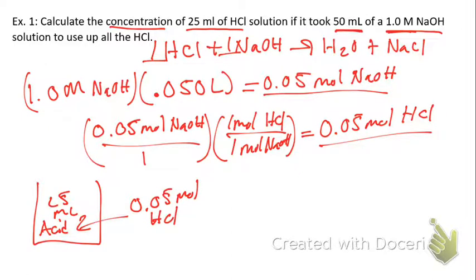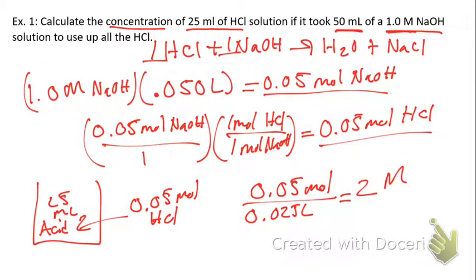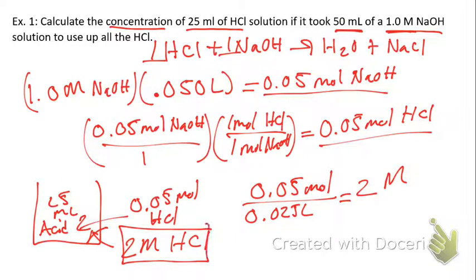Now we can use that to find the concentration by taking the number of moles of HCl and dividing by the volume of HCl initially, which was 25 milliliters, so 0.025 liters, and that will give us a concentration of 2 molar. So that means our original acid concentration was a 2 molar HCl solution, and that's what it was before we added the base. Okay, so that's essentially how we deal with a strong acid and strong base titration calculation in this case.